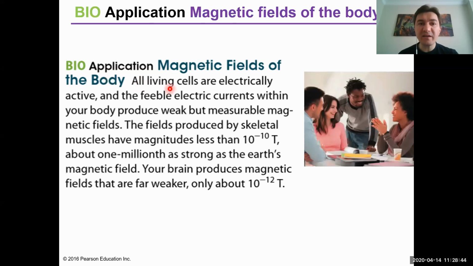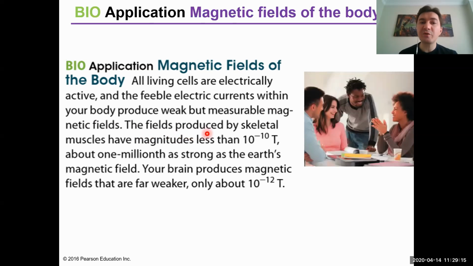All living cells are electrically active, as we have already discussed, and the feeble electric currents within your body produce weak but measurable magnetic fields. If you have electric current, then it means that you have magnetic field. If an electric current is present within the system, it means that you have a magnetic field. So for this reason, our body produces weak but measurable magnetic fields.